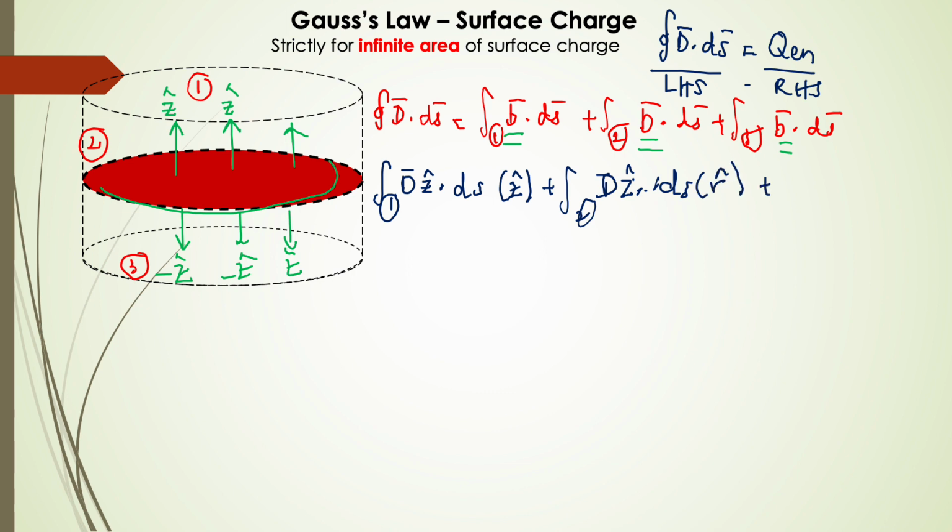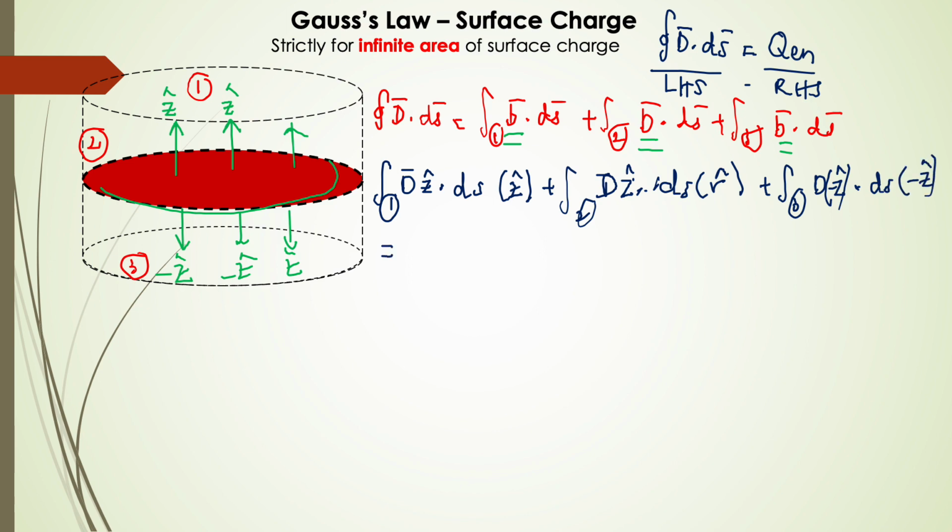So for surface number 3, your D will be in negative z direction, because it is located at the bottom, and your dS will be in negative z direction.